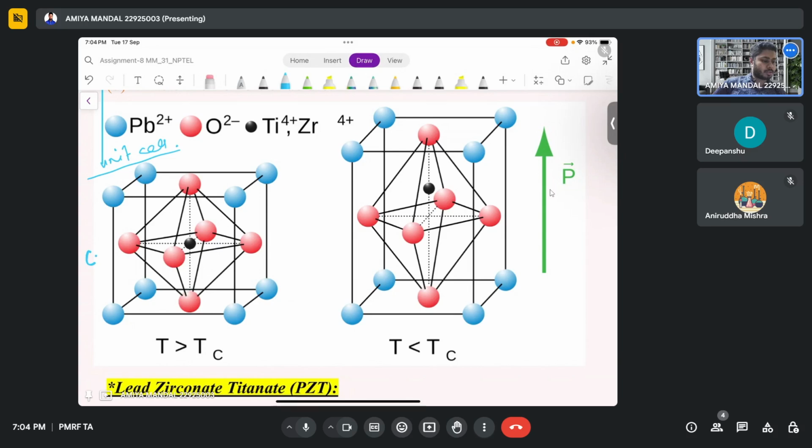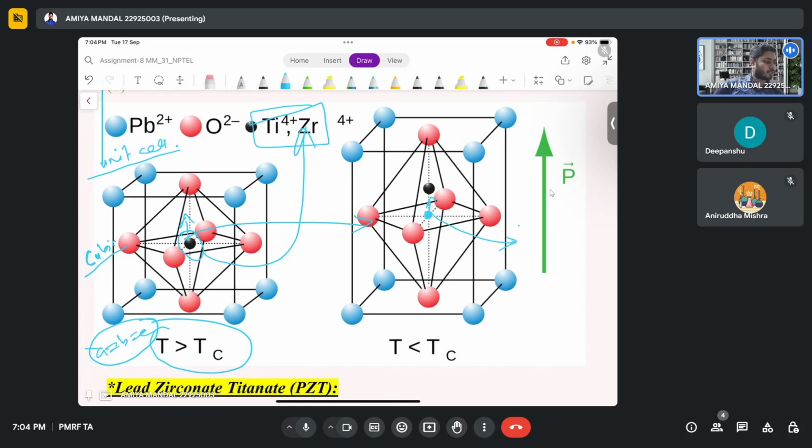This is a cubic structure where a, b, c are the same, at temperature T greater than Tc, where the titanium and zirconium are situated at the central position. But when it gets shifted, this central position moves.